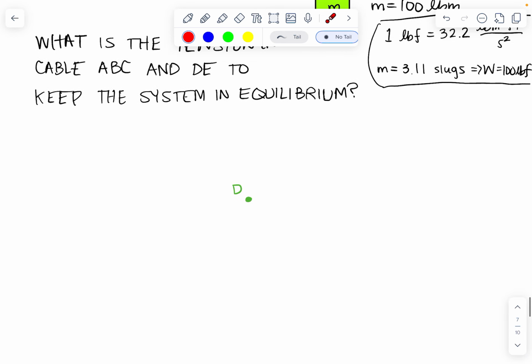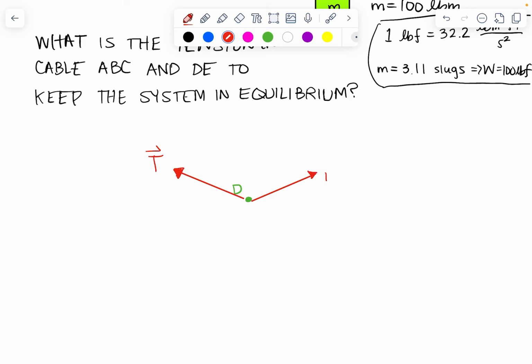Okay, so let's draw those forces. We've got our tension, tension T right there. And tension T over here too, right?